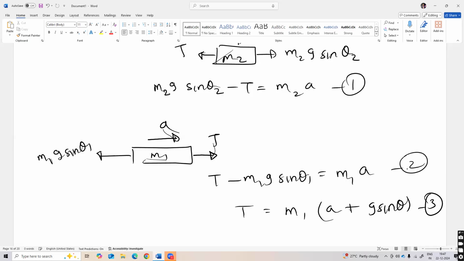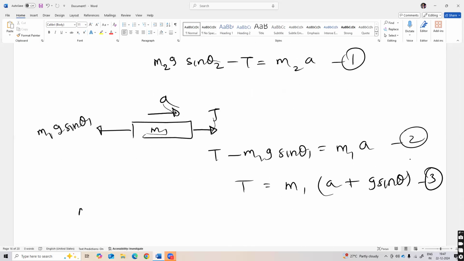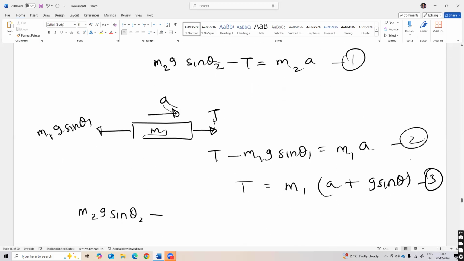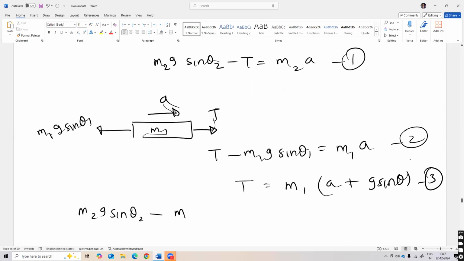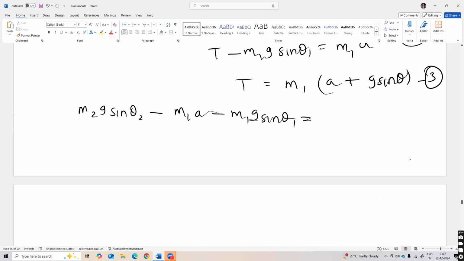Now if we insert this T into equation number 1, what we will get is m2 g sine theta 2 minus T. T is basically m1 times a plus g sine theta 1. Let's open the bracket: minus m1 a minus m1 g sine theta 1 is equal to m2 into a. We'll take this towards the right-hand side and take g common.